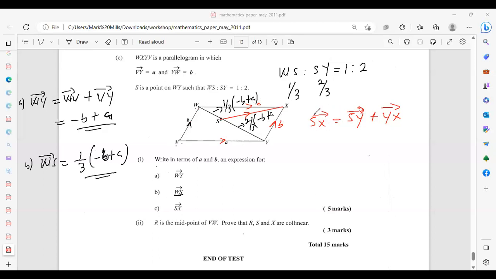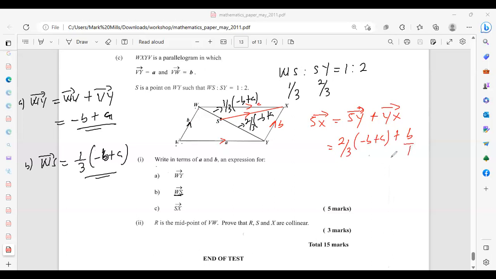So when I come here now, I need to find SY plus YX. SY is going down. So SY will be 2/3. So I'll put 2/3, open bracket, negative B plus A, right? Plus YX. YX would have been B.